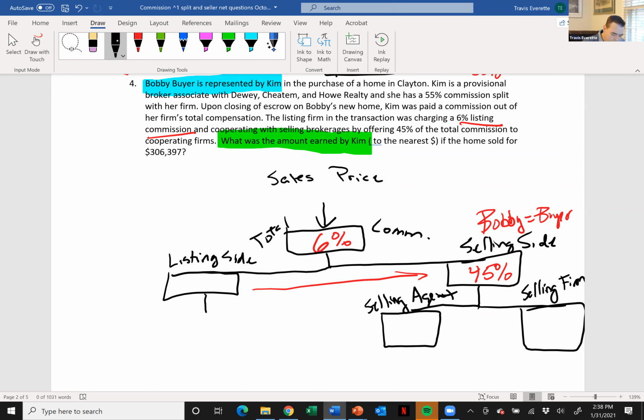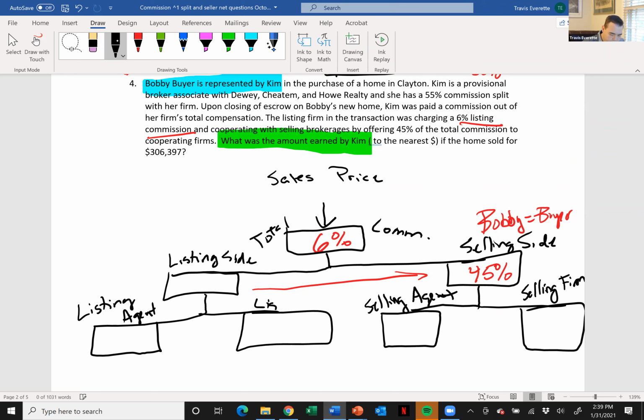And then let's go ahead and split this one into the listing agent or broker and the listing firm. Big commission split percentages get big trees. Now let's start reading it again.